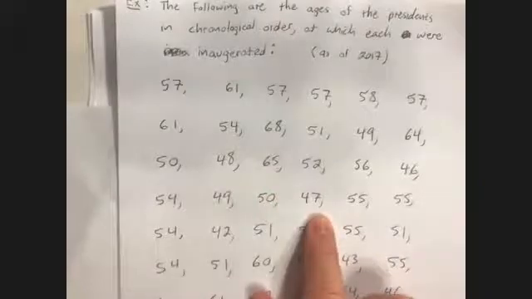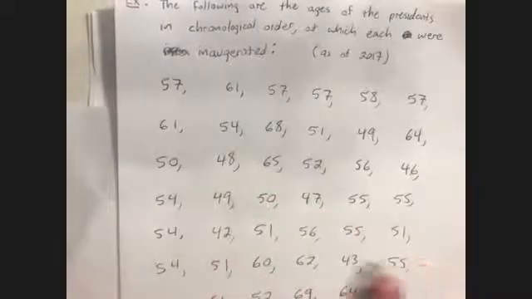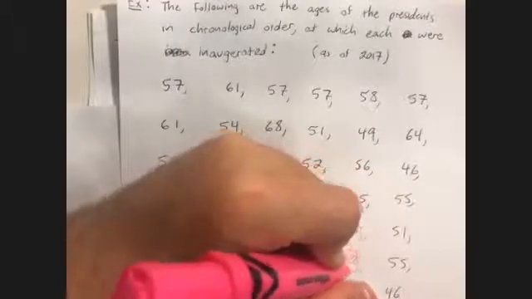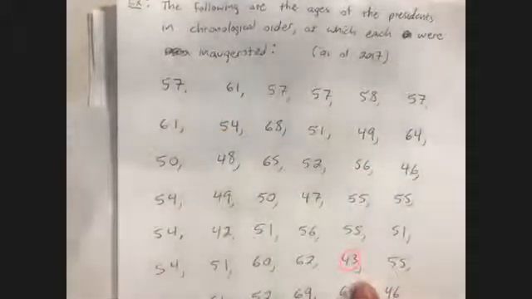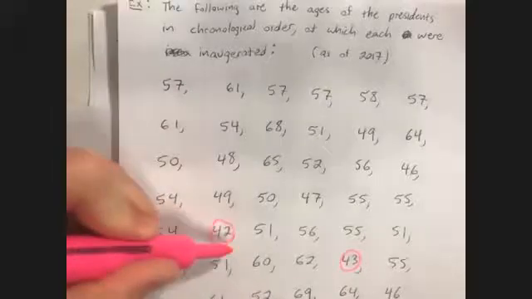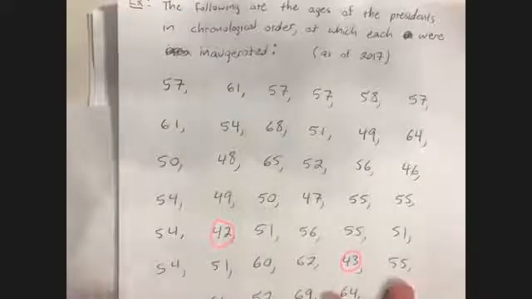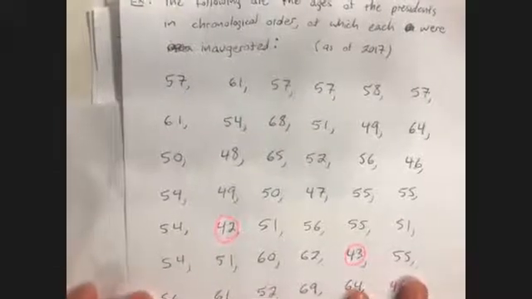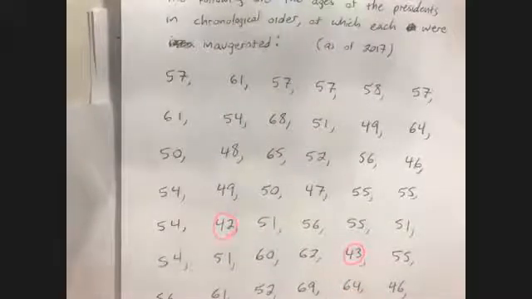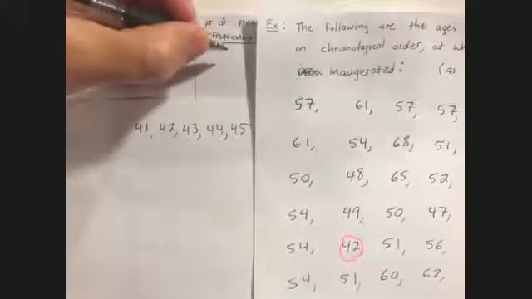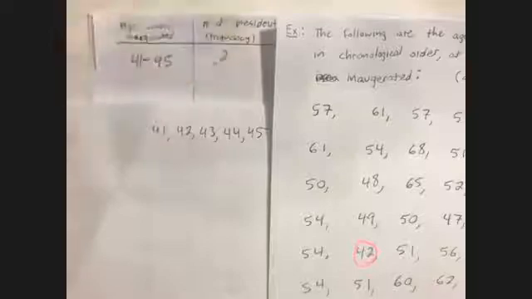There's a 47. There's a 43. Oh, there's a 42. That's it. So there are 2 presidents who were 41 to 45 years old when they were sworn in. All right. So the frequency is 2.